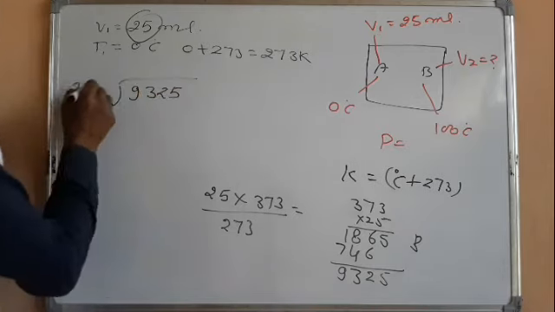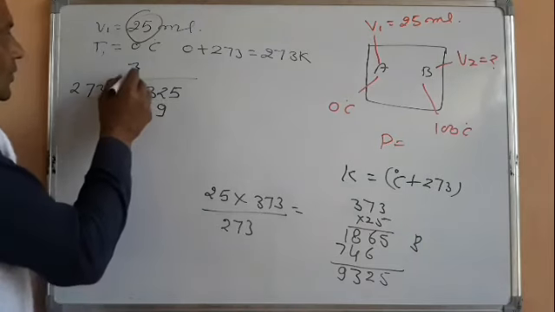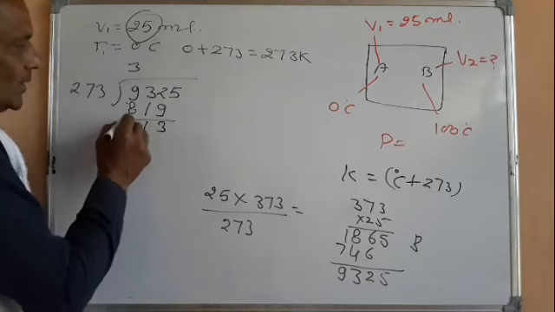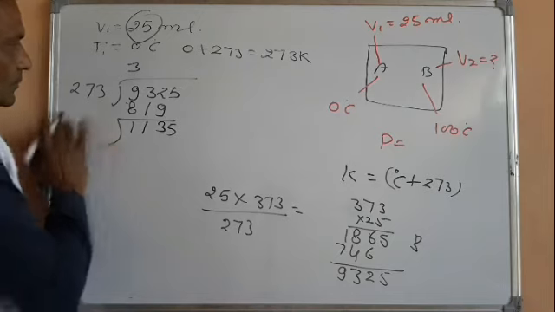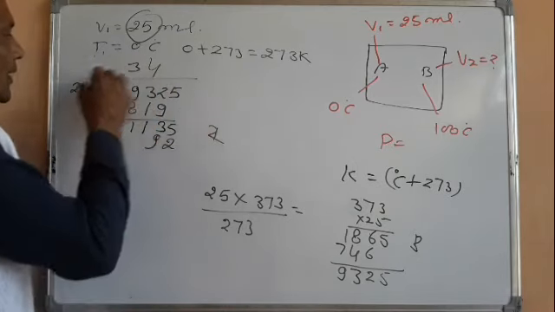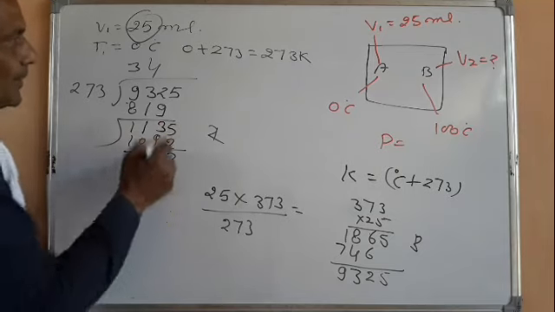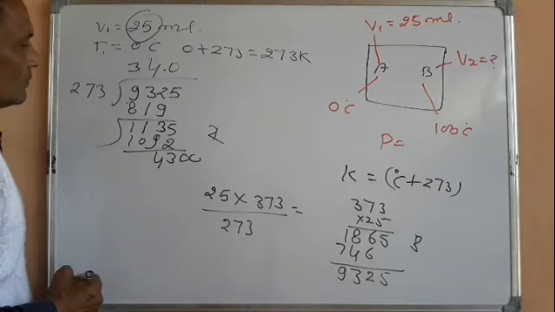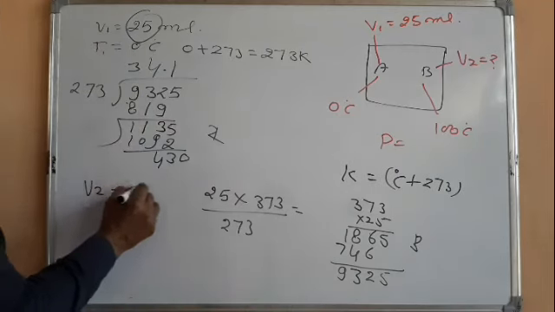Dividing 9325 by 273, we get 0.11. So student, the value of V2 is equal to 34.1 ml.